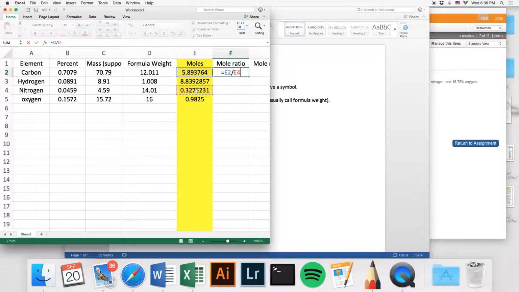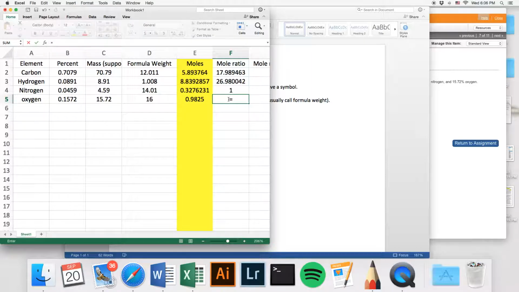Okay, let me suppose you pause the video, and there's your answer. It's going to be 17.79. And this one is going to be, or rather, sorry, this is equal to this divided by this. This is going to equal this divided by this, which is going to be 1, of course.